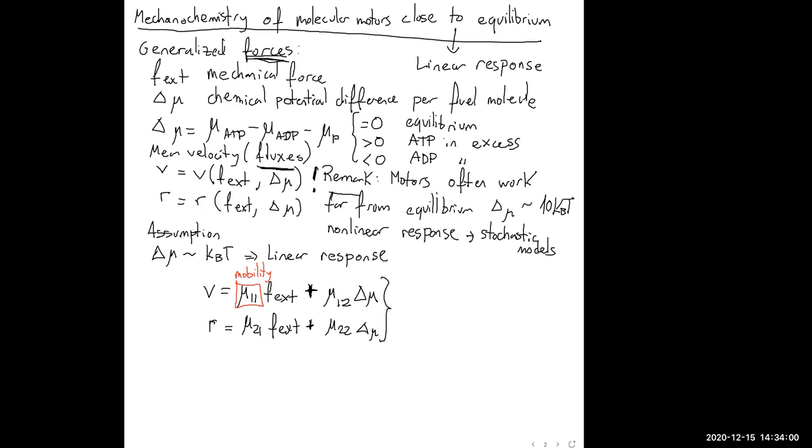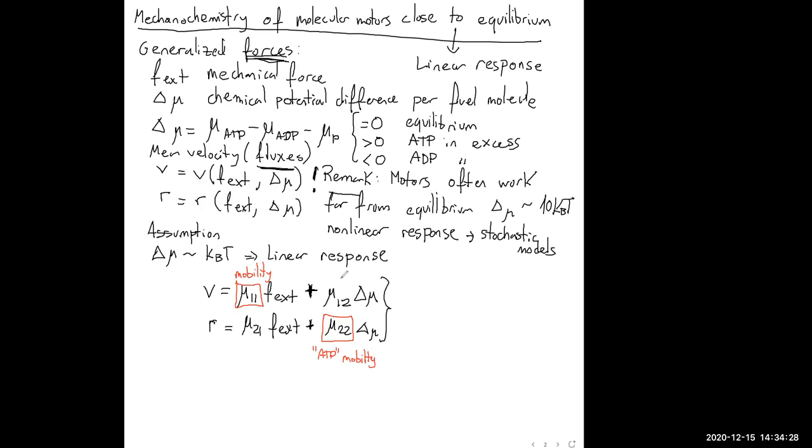Okay, this is the mobility coefficient. This one here is like an ATP mobility. It's not that ATP has a mobility, but it's an effective mobility. It's a parameter that relates its flux with its corresponding generalized force. This is due to fluctuations in ATP.